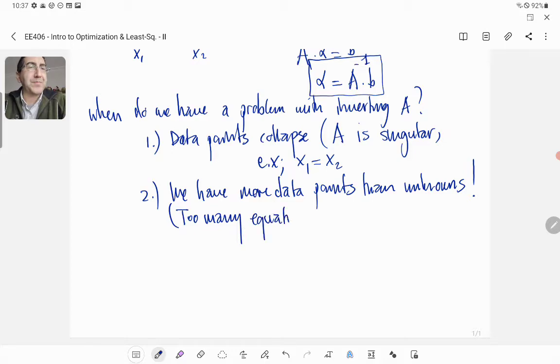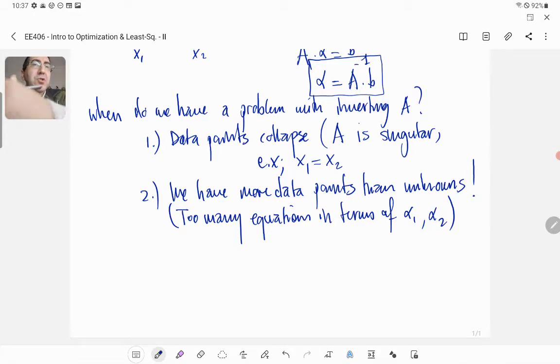This we usually call an over-constrained system of equations. Over-constrained means you have just 2 free variables, 2 degrees of freedom in a sense, but you have more than 2 equations that constrain those 2 variables. So you end up with no solution for that system of equations.